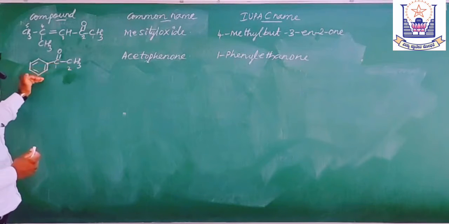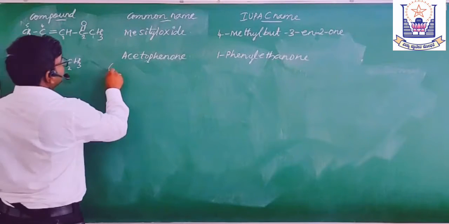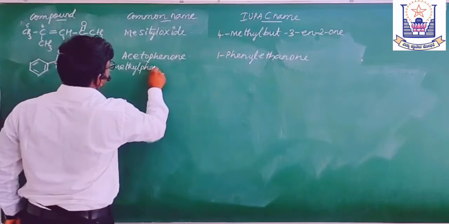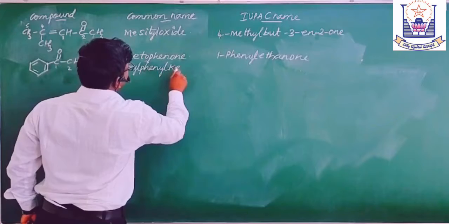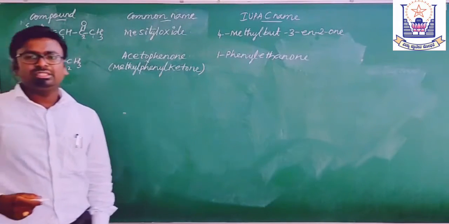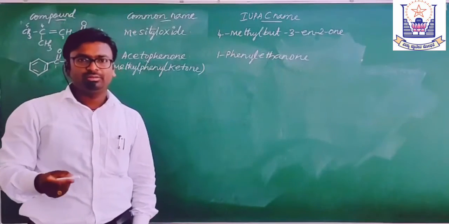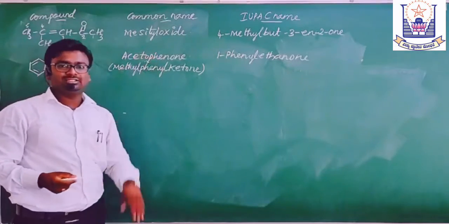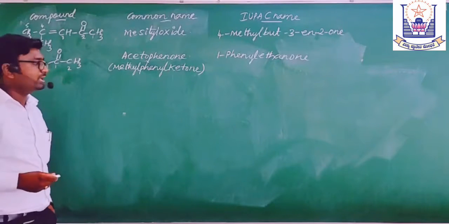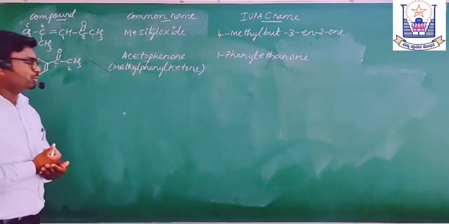Therefore, we can also call this methyl phenyl ketone, or simply acetophenone. Most of the times in the book or in the question paper, we use acetophenone. So have an idea about these things. Then we shall go for the next one.